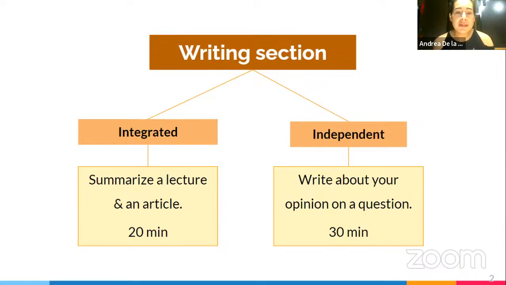Now, do you guys remember the difference between integrated and independent questions? What is it? Micaela, do you remember?